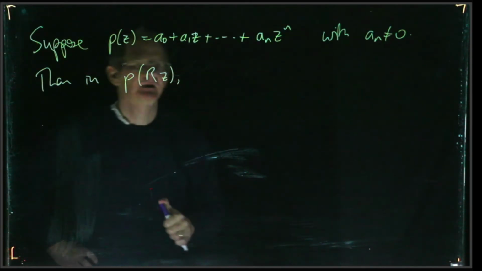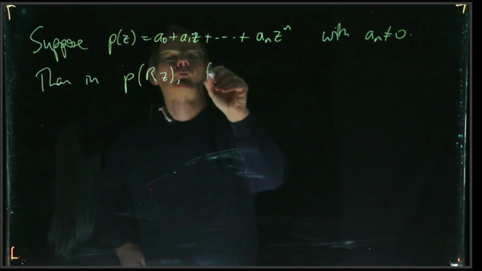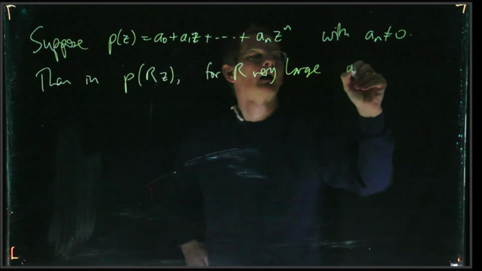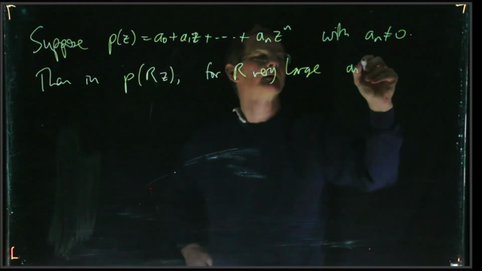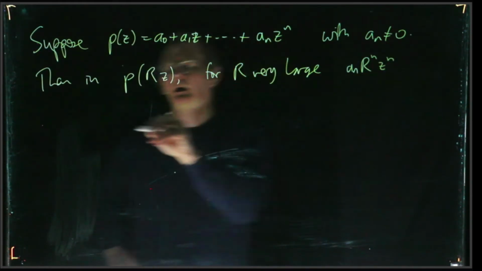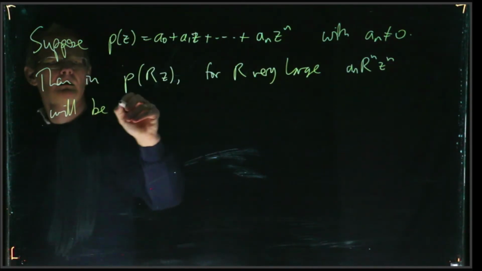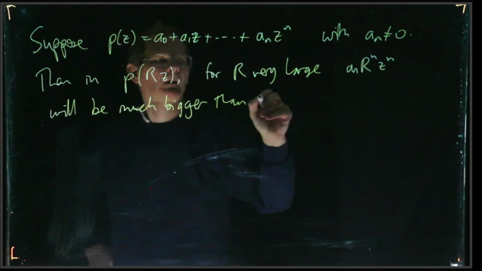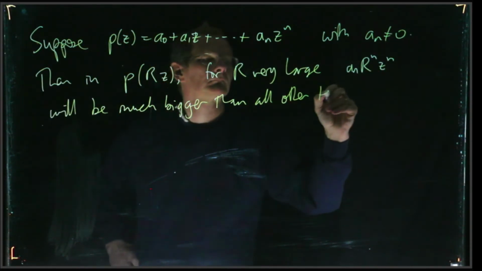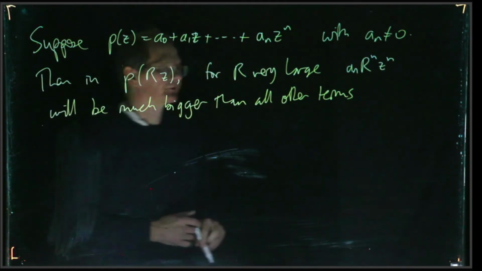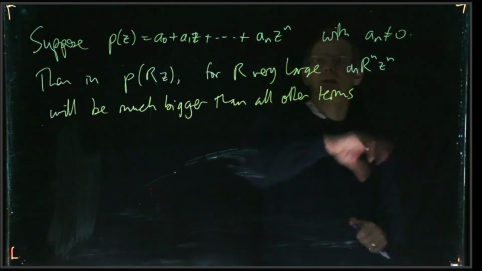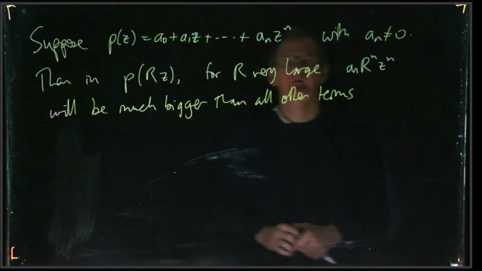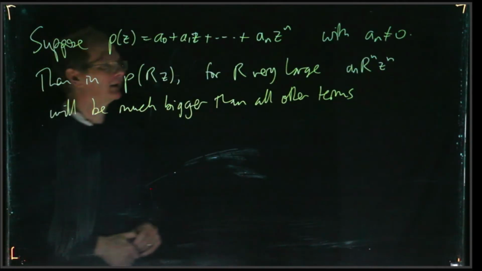Then if you look at this P of Rz, R very large, a_n R to the n, z to the n, that'll be much bigger than all the other terms, right? If R is 1,000,000, then this is 1,000,000 to the power n, and then the next one down is 1,000,000 to the power n minus 1, which is about 1,000,000 times smaller.